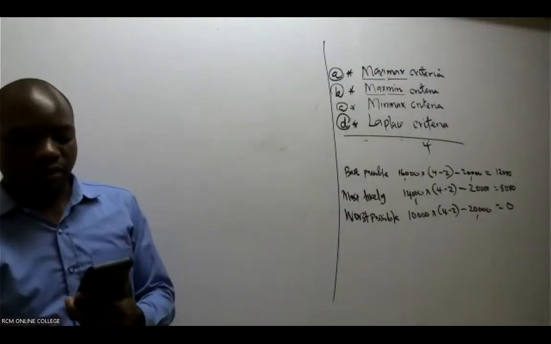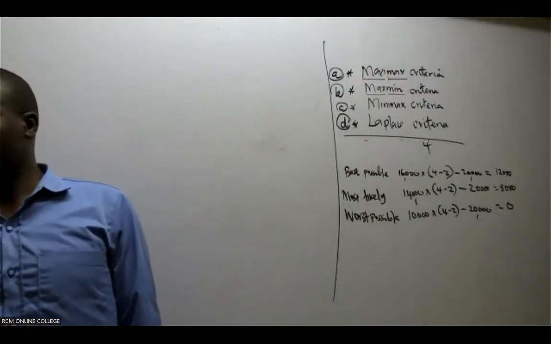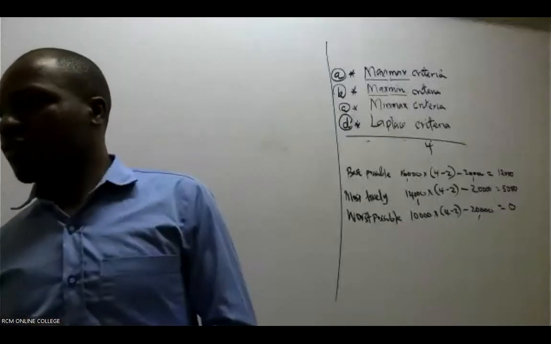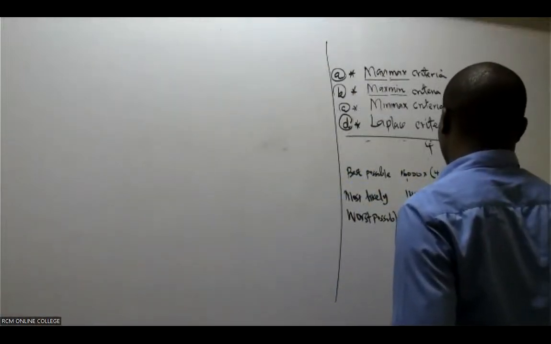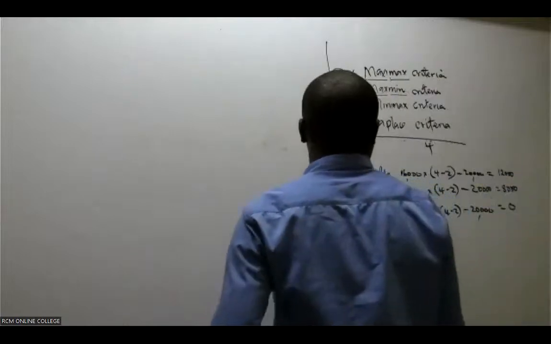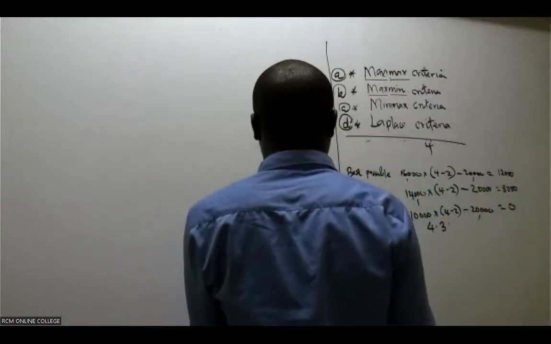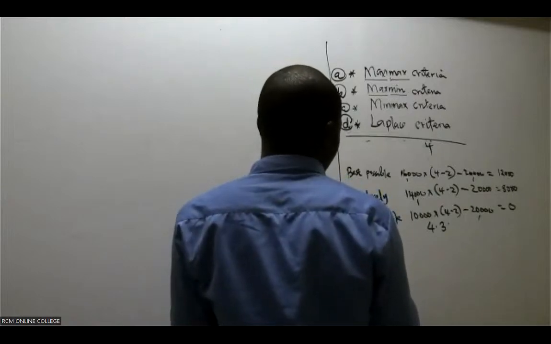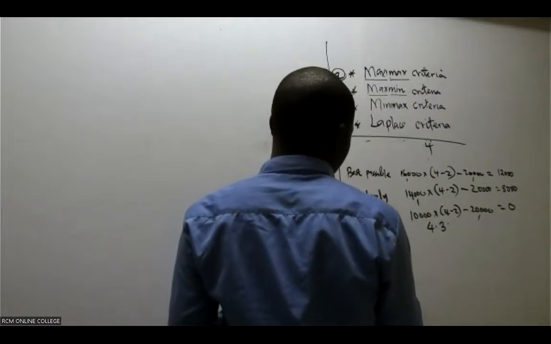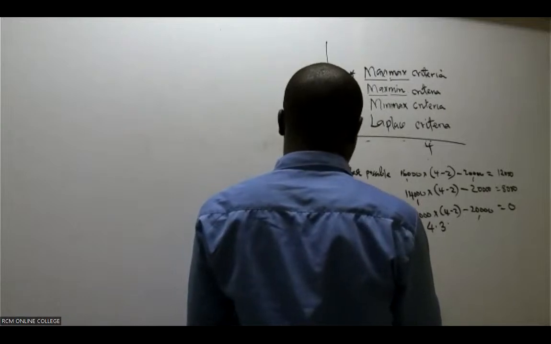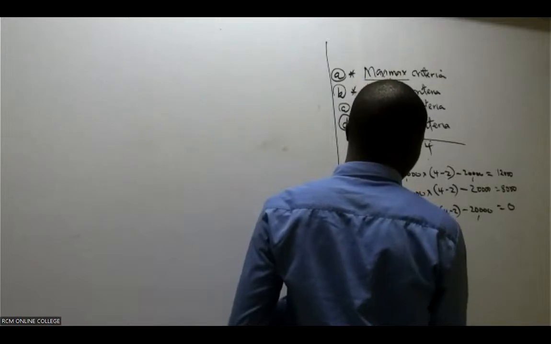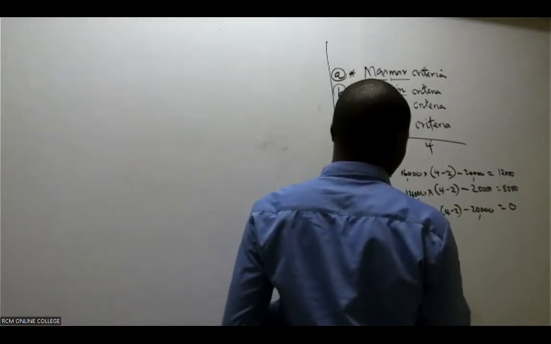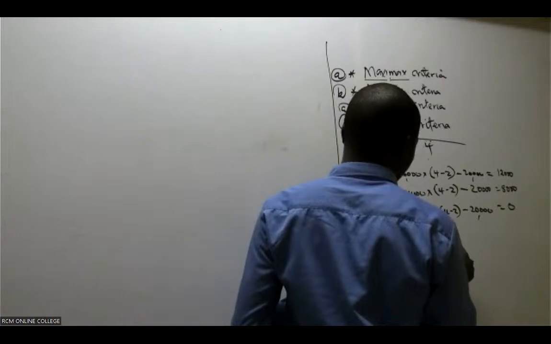How about the next one when we have the selling price of 4.3? Best possible, just look at the units, 14. We have 14 into 4 minus 2. Sorry, not 4 actually, it's now 4.3 minus 2.